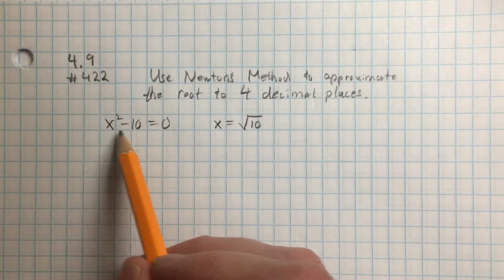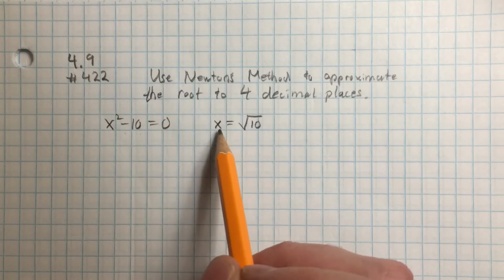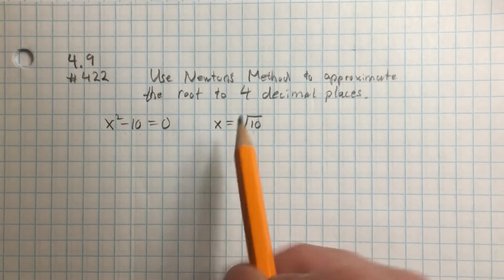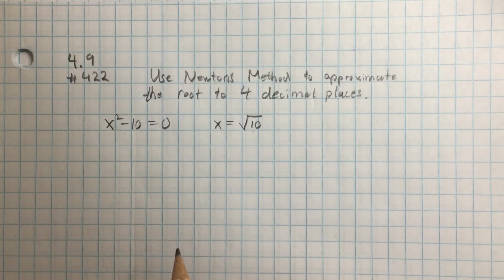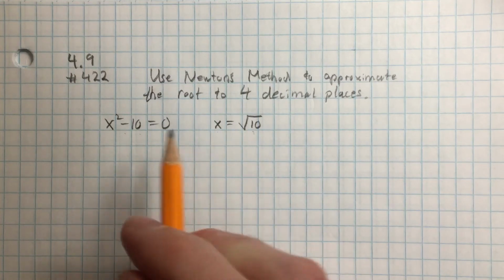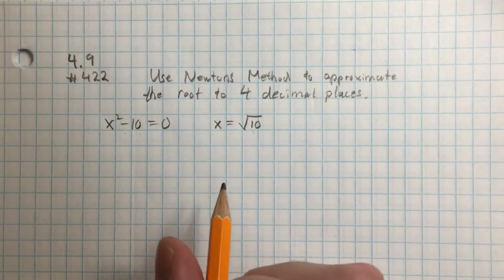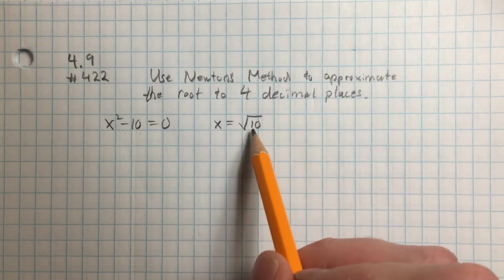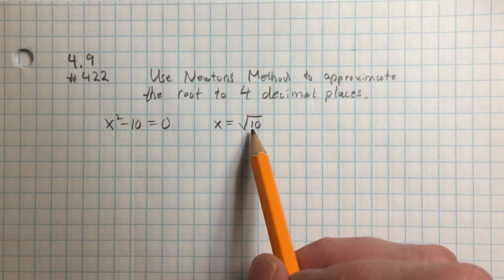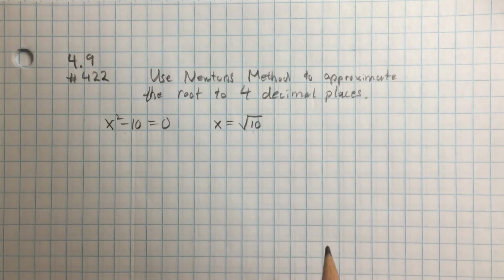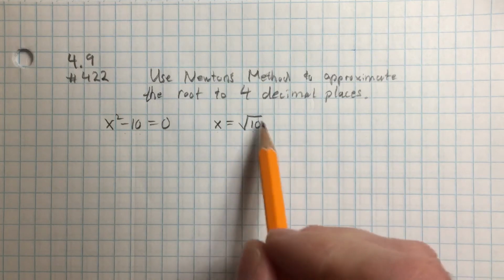And anytime you have a square minus a number, you're really calculating the root of that number using Newton's method. And a way to think about this type of problem is this. The root of 10 is an irrational number. And what we're really doing in a sense here is using Newton's method to get rational approximations to this irrational number.